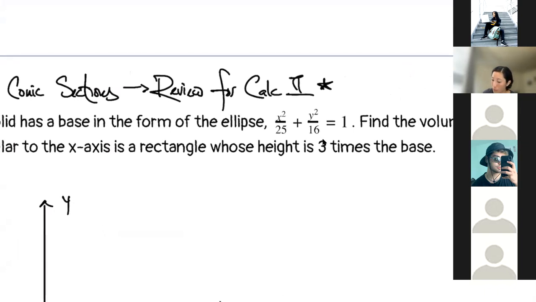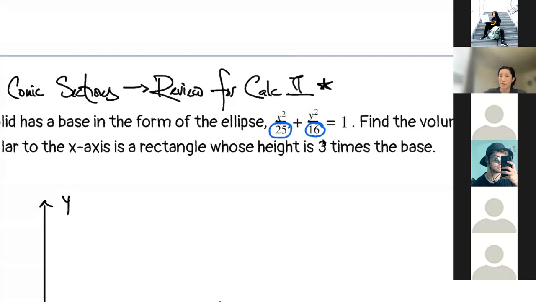And we think about what those numbers mean. This number on the bottom, since it's underneath the x, means we go out 5 to the right and to the left, whereas this number under y squared, if we take the square root of it, means we go up and down 4 units from our center.